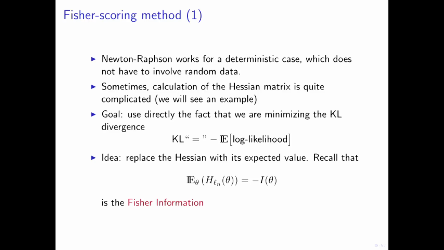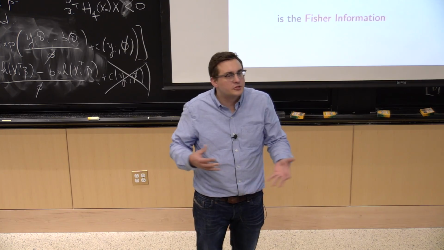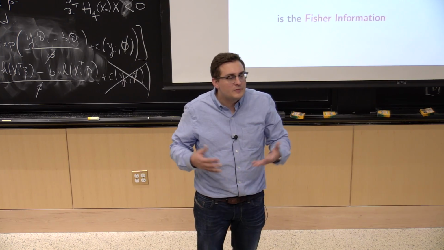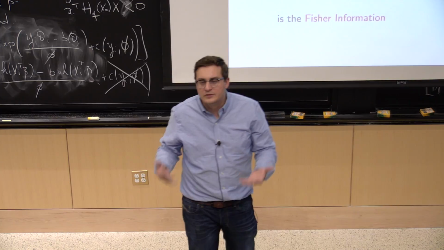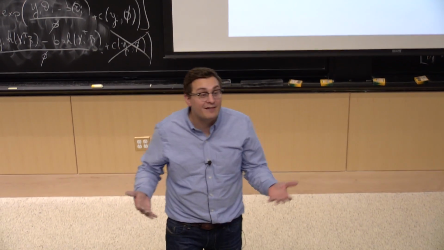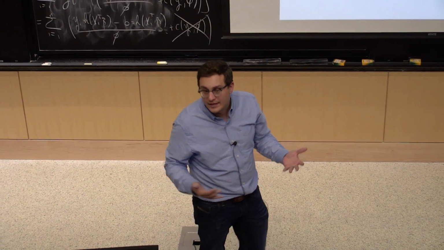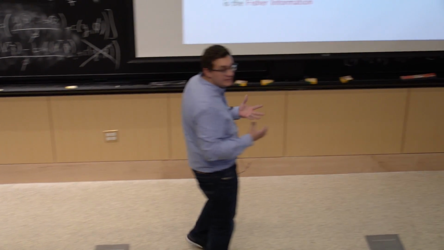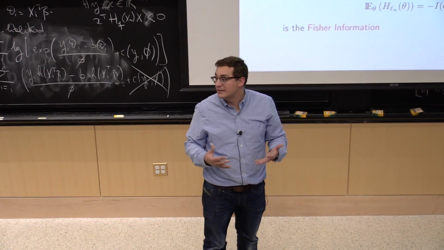And we said, well, I don't know what this is because it's an expectation with respect to some unknown distribution, so let me just replace the expectation with respect to my unknown distribution by an average over my data points. And that's how we justified the existence of the log likelihood maximization problem.